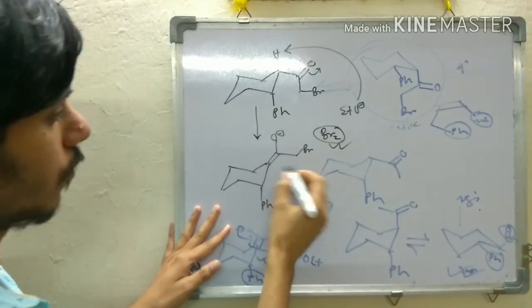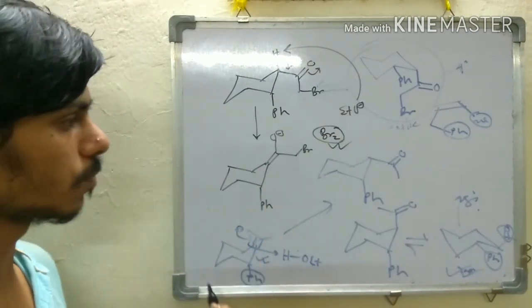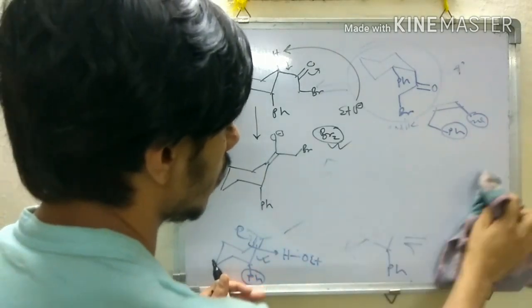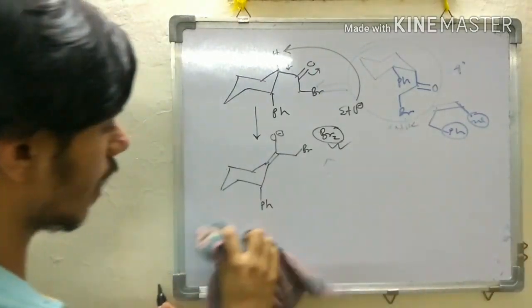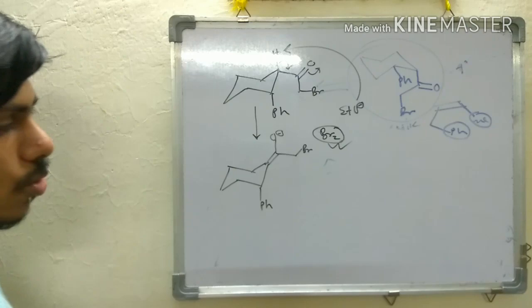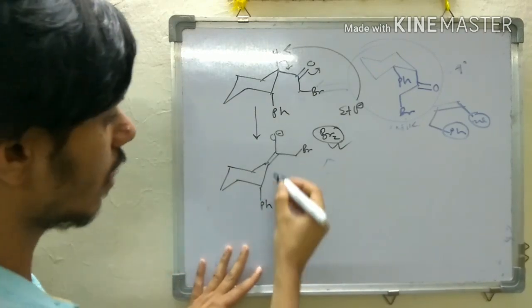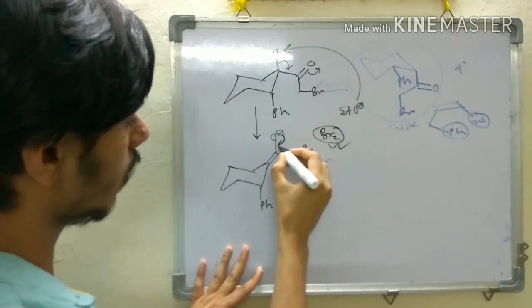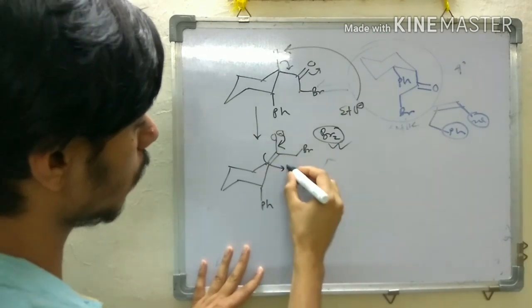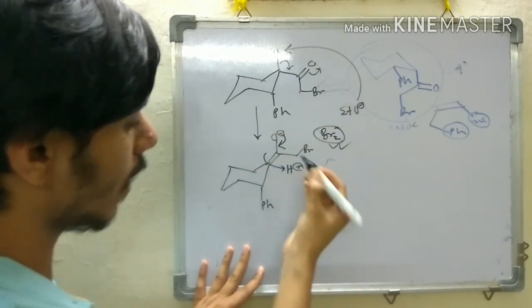Now again, formation of this intermediate is favored, because in this case, due to the presence of this phenyl group in axial position, there is no allylic 1,3 strain, and then when it comes back, it can take proton from equatorial position or axial position.